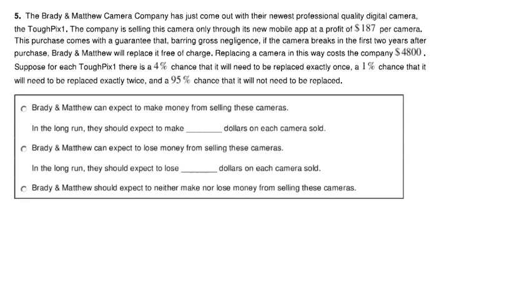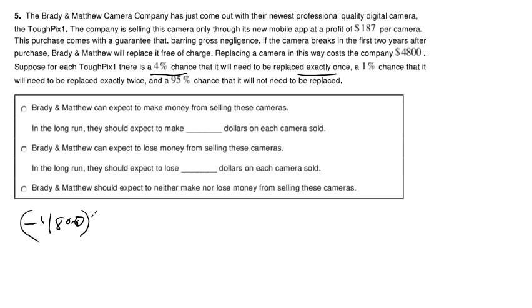Okay, read the problem. I'm going to get to work on this. So the camera company is selling cameras at a profit of $187. They're offering a guarantee that if the camera breaks, they will replace it. Now, there is a 4% chance it's going to have to be replaced once. So if it breaks once, they're out $4,800.